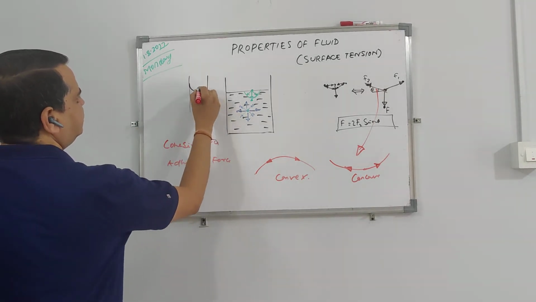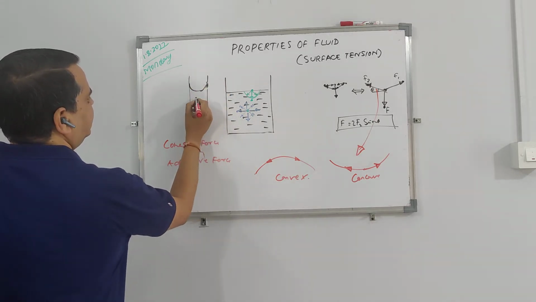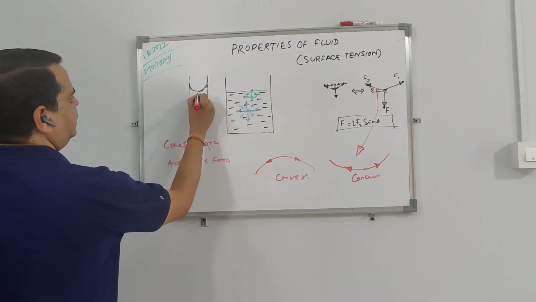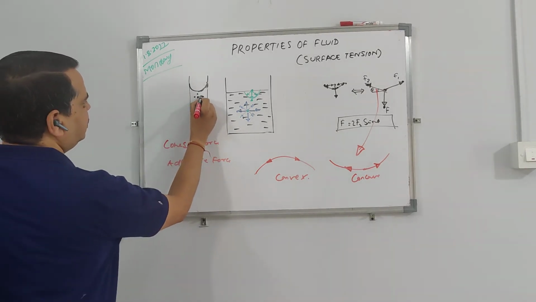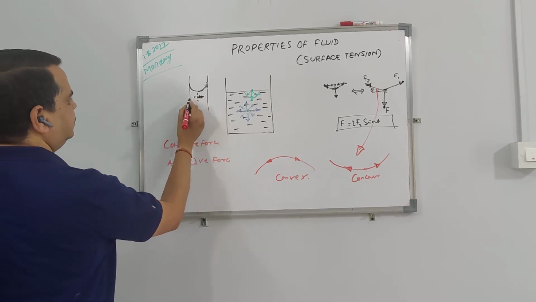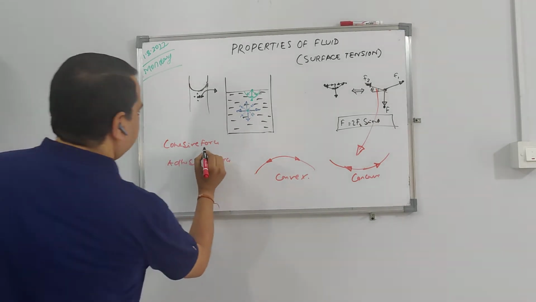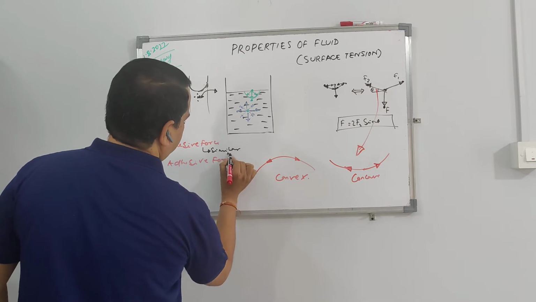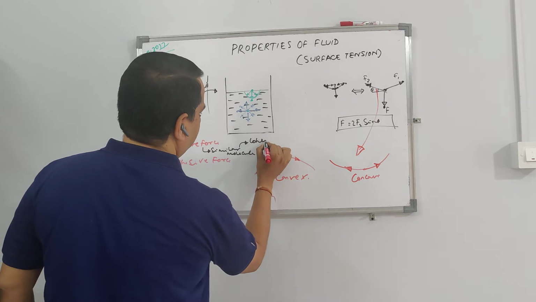You might have seen it will form a meniscus like this. The force between these molecules is called the cohesive force. This force between similar molecules is called cohesive force.